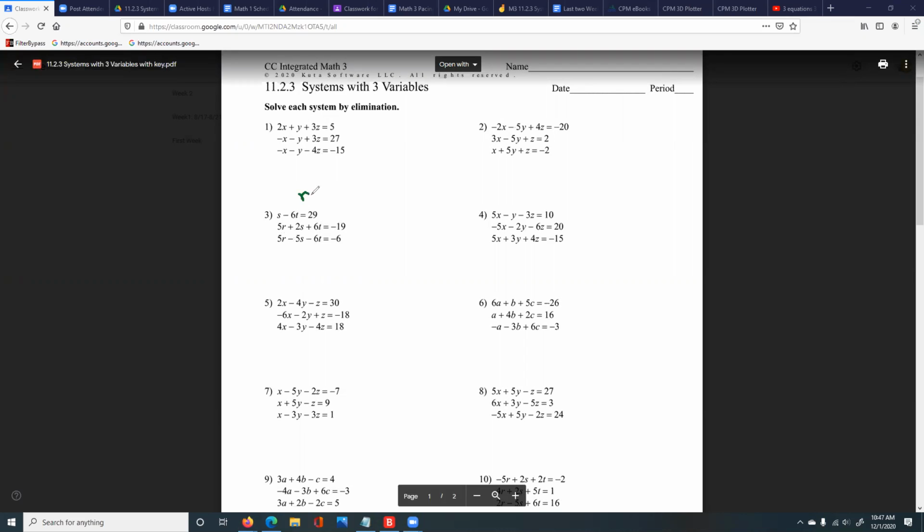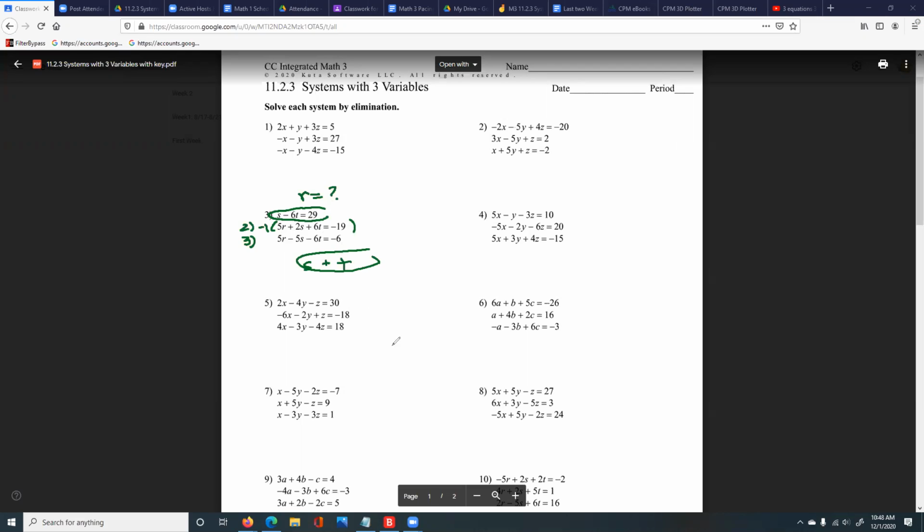So since this doesn't have an R, what do I have to do? I have to use 2 and 3 to do what? Remove the R's. Remove the R's. So I would multiply the second one by -1 probably, to get this to be a -5, and then add them together. Then you'll get an ST equation just like this one. And then you could add this one with your new ST equation once you add 2 and 3 together. Okay, hopefully that makes sense.